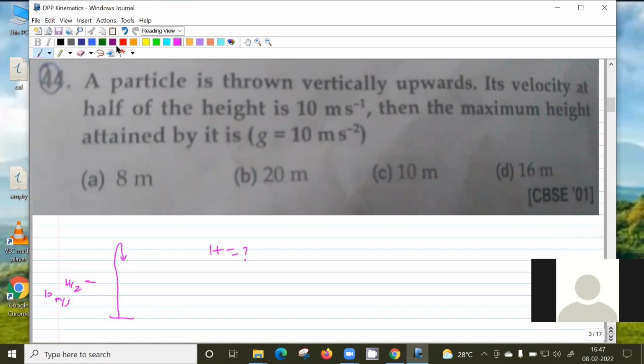Okay, so how will you do this one? See, for this part of the motion, displacement is known, no? How much is the displacement from here to here? Half, h by 2. And the final velocity is 0. So you can use this formula.